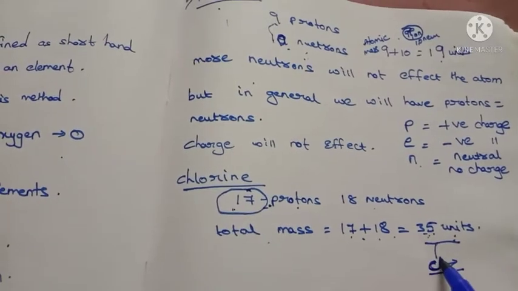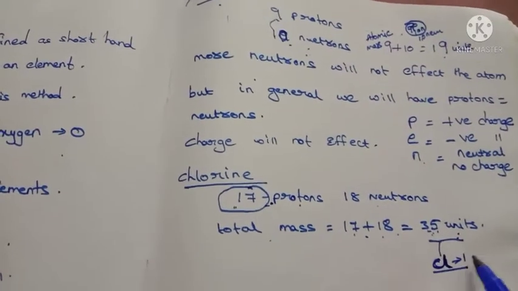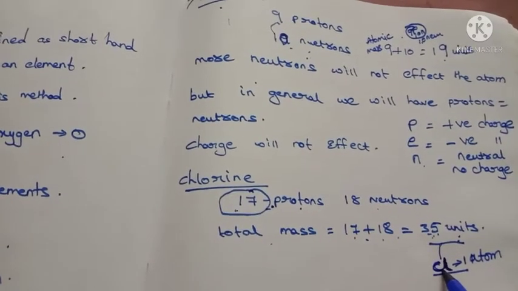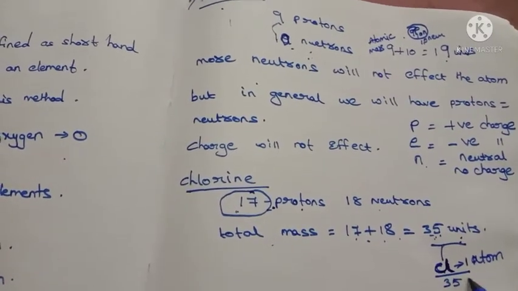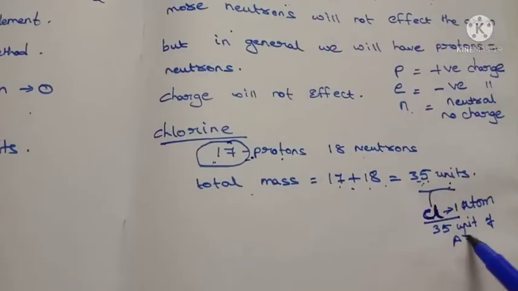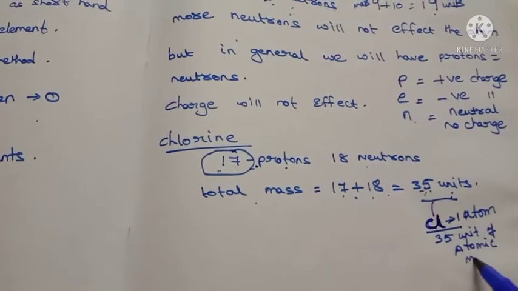How many Cl's are there here? 1 Cl. That means 1 atom. This Cl is also representing 35 units of atomic mass. What about fluorine?